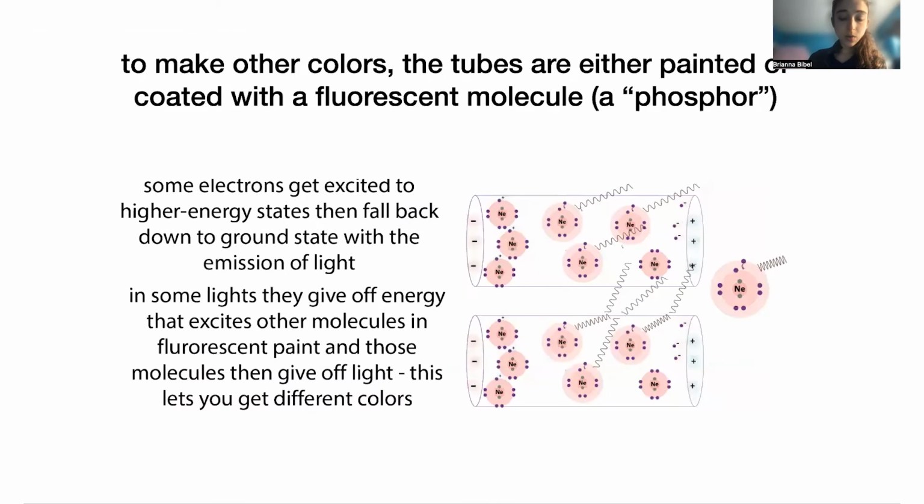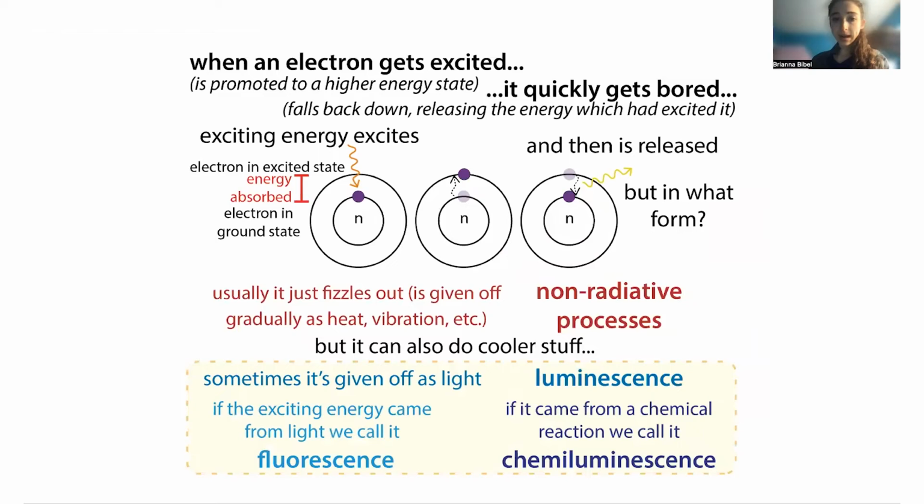And if that's not good enough for you, you can add a second layer where we're actually dealing with fluorescence. Luminescence is the overall term for when the electrons get excited and fall back down, but that exciting energy can come from all sorts of different sources. If it comes from a chemical reaction, we call it chemiluminescence.